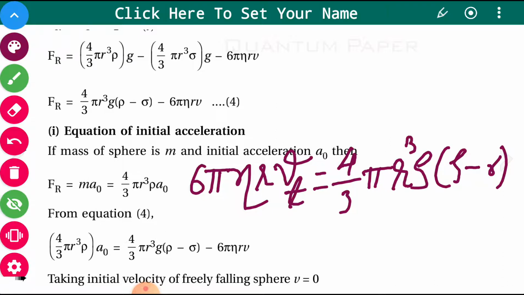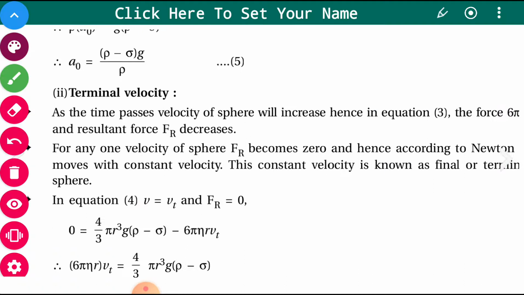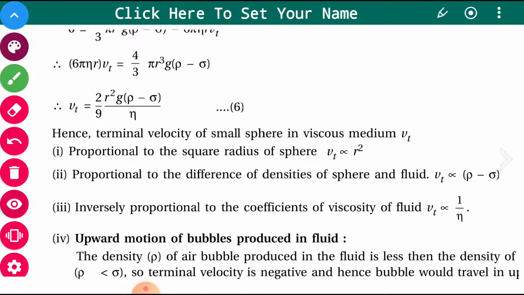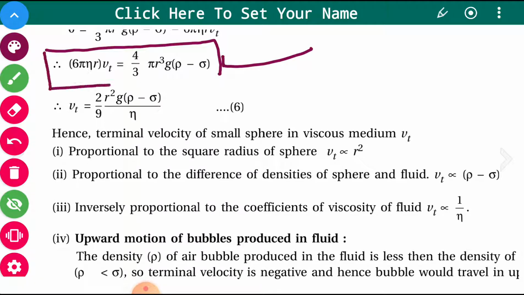If you make vt the subject of the formula, then you get vt equal to 2 by 9 r square g (rho minus sigma) upon eta. This is the equation of terminal velocity.